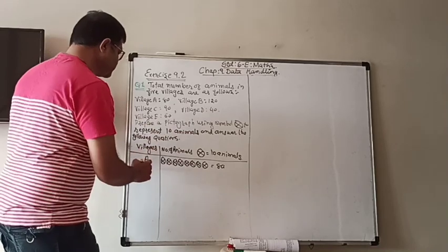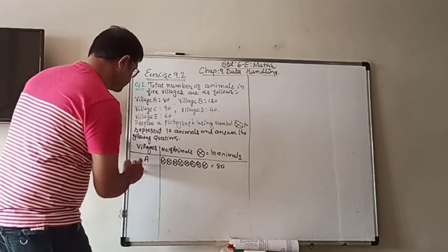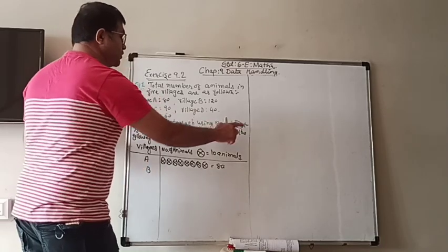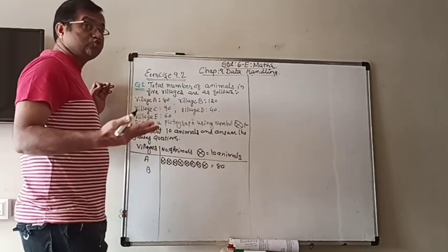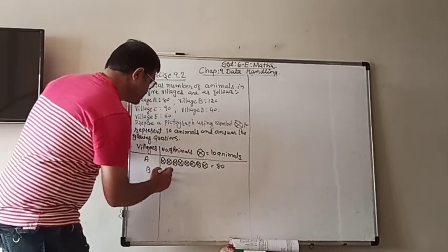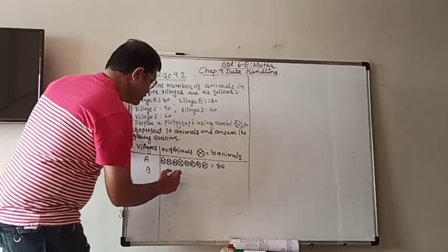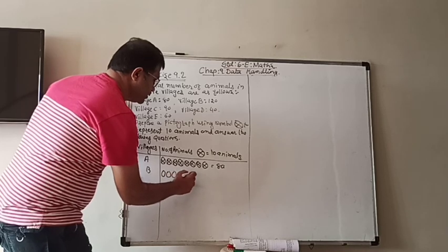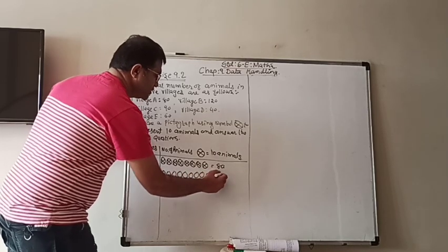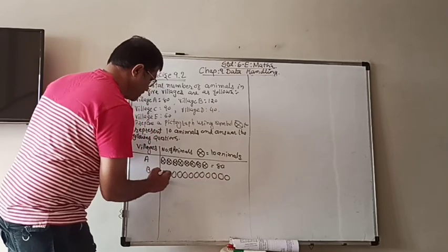Then village B has 120. 120 means how many of this? 12, because 12 times 10 will be 120. So 3, 4, 5, 6, 7, 8, 9, 10, 11 and 12.